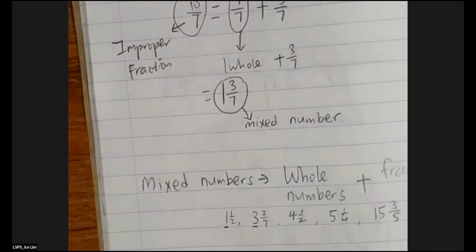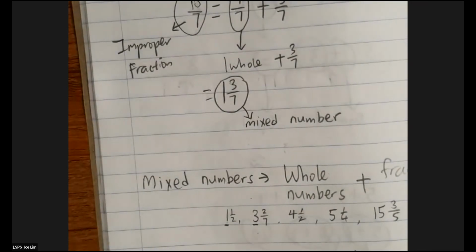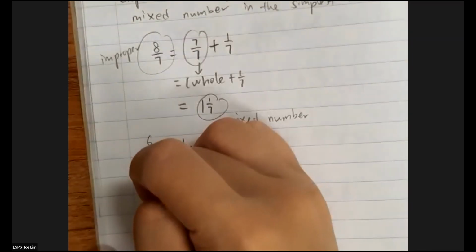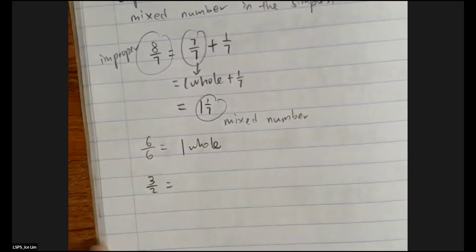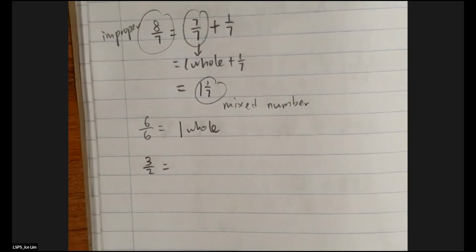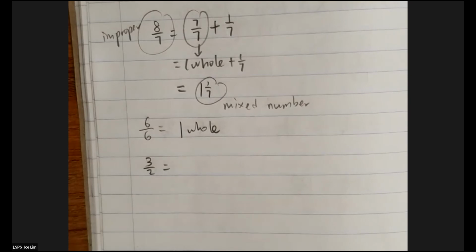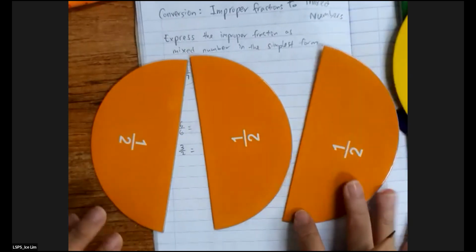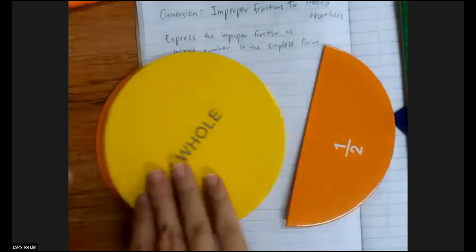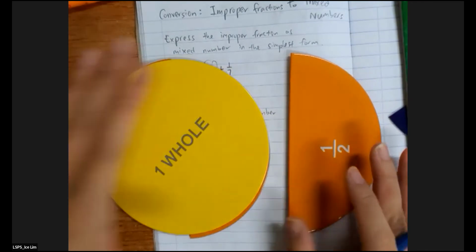Next one was 3 halves. Is it difficult? 1, 2, and 3. 1 whole and 1.5.